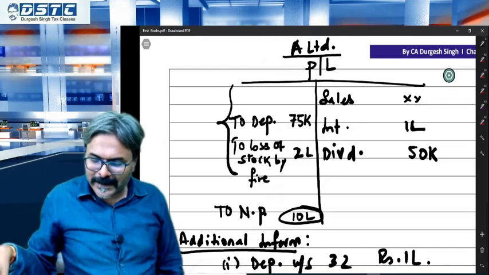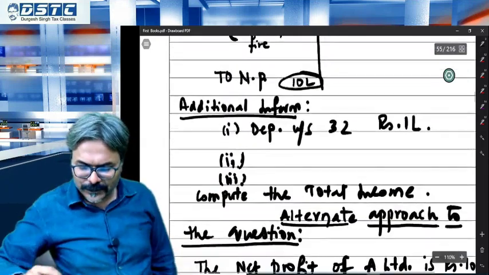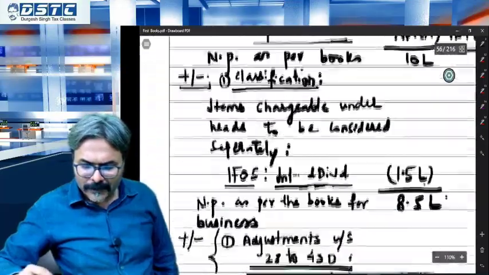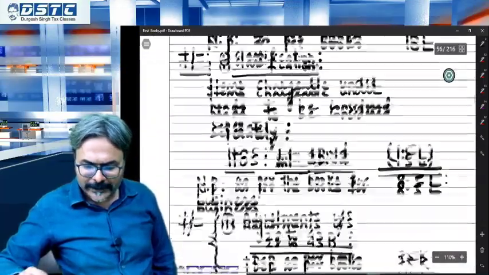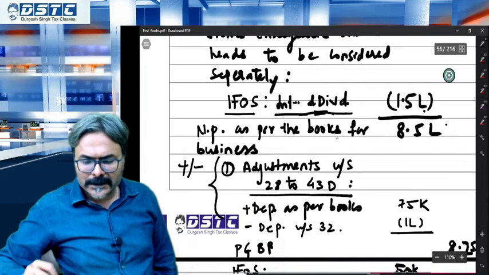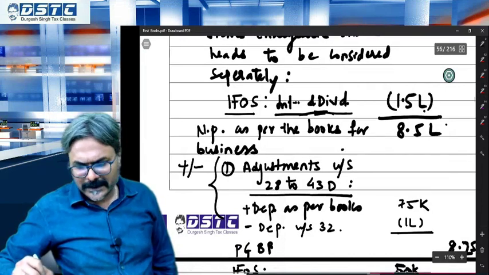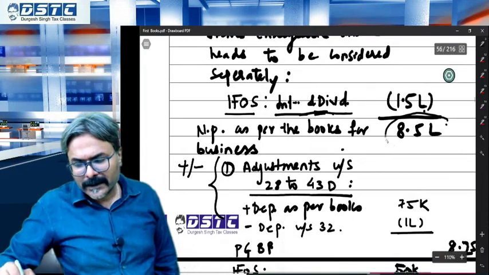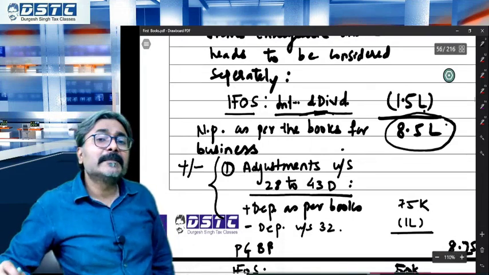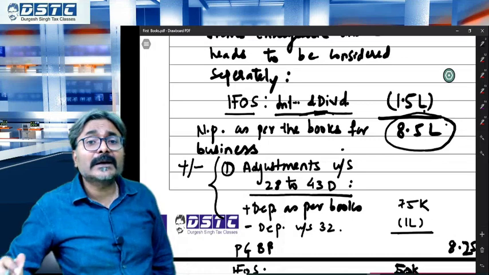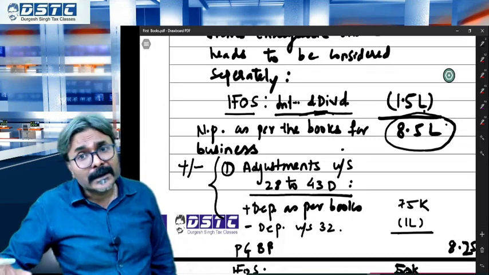If you see my format, which I have just shown to all of you, for PGBP, students, we started with net profit as per books for business, and then we did these adjustments. So my base is what? 8.5 lakhs. What is this 8.5 lakhs about? It's an accounting income.